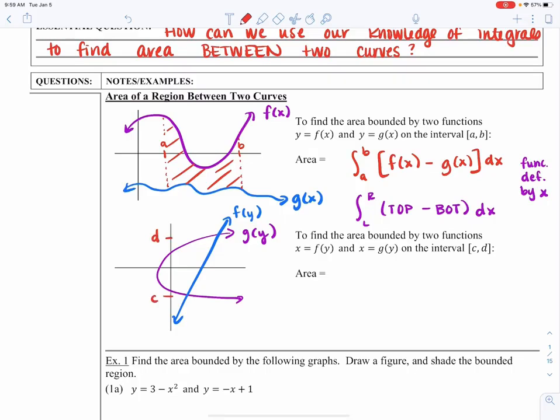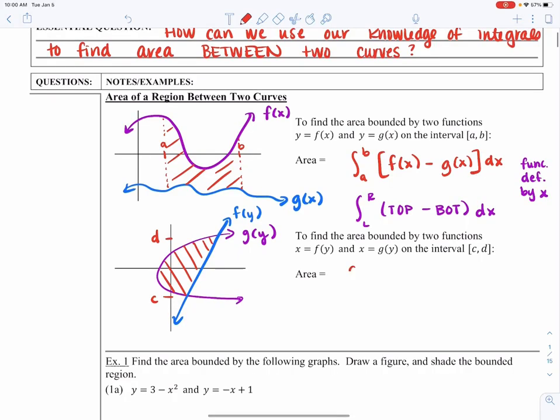And let's go from C to D, and let's say we're now interested in finding this area under the curve. Well, it's going to be the integral from C to D of f of y minus g of y dy.